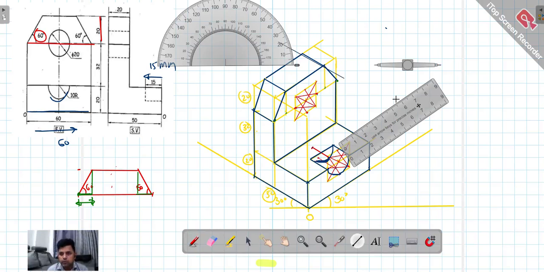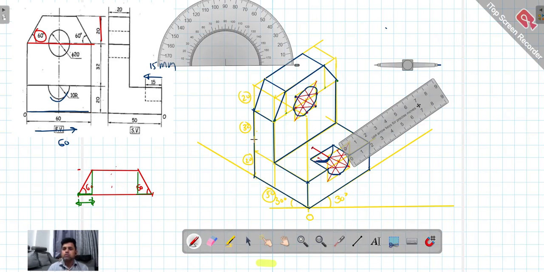Now, what you do, with the help of this center, draw this curve. With the help of this center, draw this curve. With the help of this center, draw this as a curve. With the help of this as a center, draw the circle. With the help of this as a center, draw this circle.